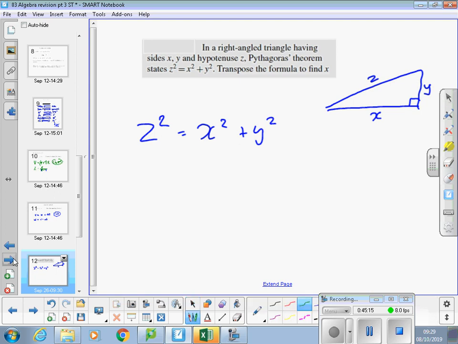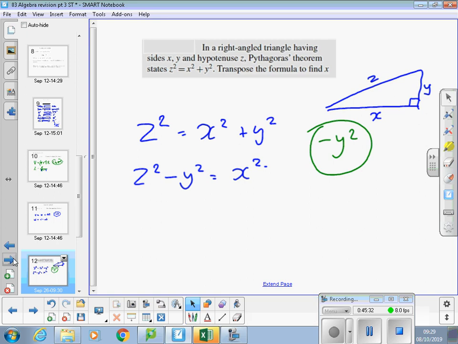Subtract y squared. So we end up with z squared minus y squared equals x squared. Yeah. Square root both sides.